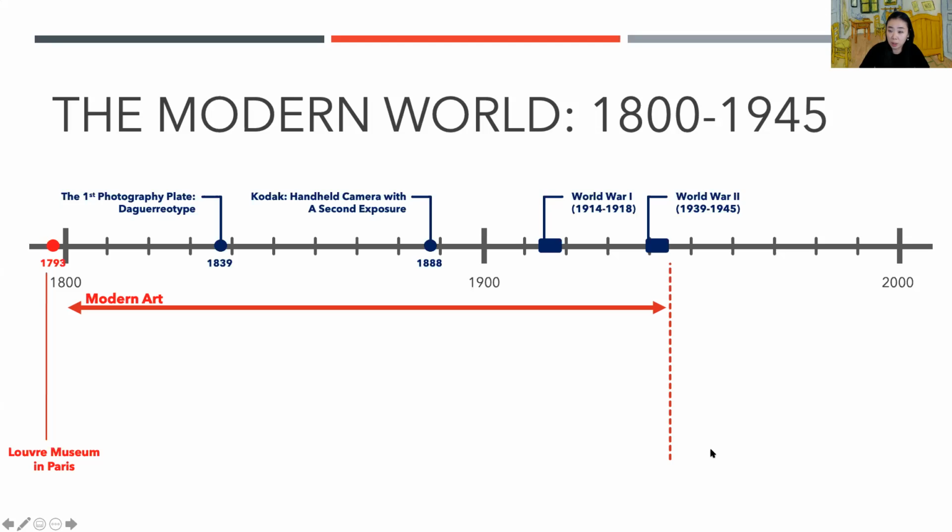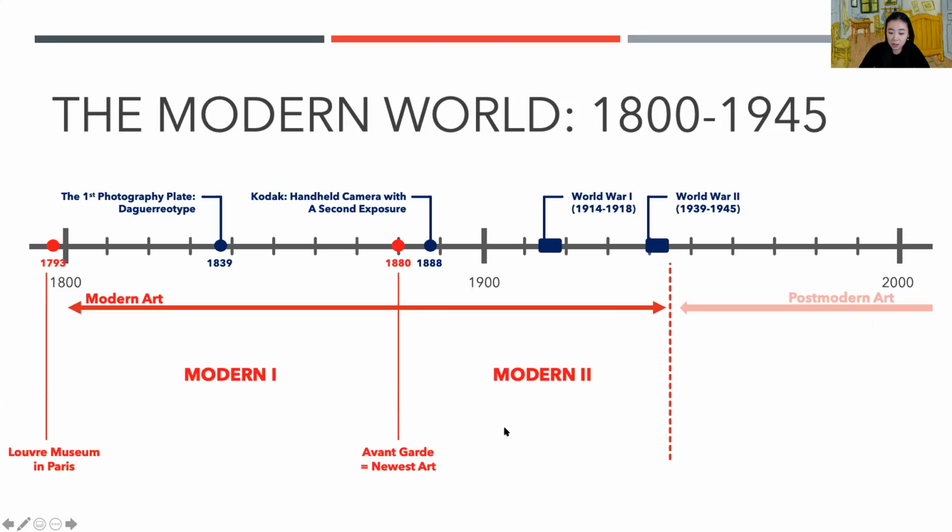So this is modern art, and after World War II, it is called postmodern art. And modern art is divided into two: before avant-garde and after avant-garde.